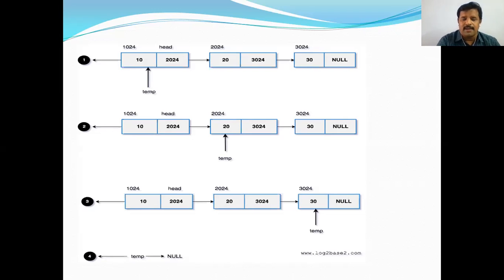So this is about the single linked list, and we are performing different types of operations like creation of a node, inserting a new element in the single linked list, which can be done at 3 different positions: at the beginning, at the end, and at a specific location. In a similar way, we are also performing the deletion operation at 3 different positions: delete a node at the beginning, at the end, and at a specific location.